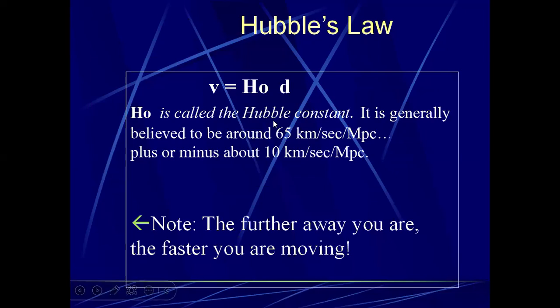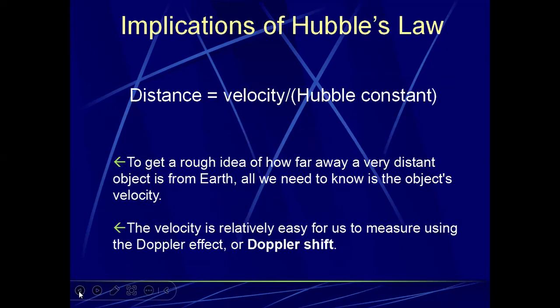H naught is called the Hubble constant. It is generally believed to be around 65 kilometers per second per Mpc, plus or minus about 10 kilometers per second per Mpc. The further away you are, the faster you are moving.